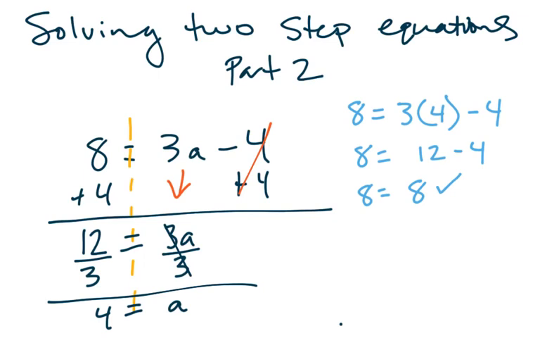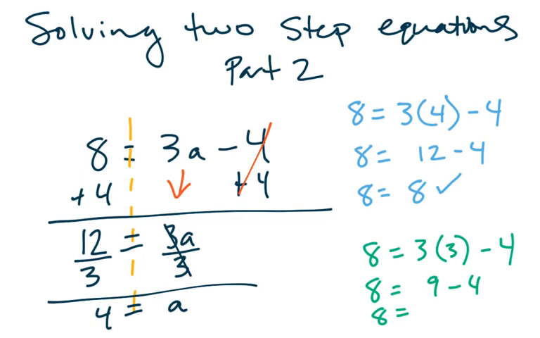I want to remind you what it looks like when a problem doesn't check, because I've only done a couple of those on one of the videos. So let's say I thought that a was 3. So I put 8 equals 3 times 3 minus 4. Bring down the 8 equals first. That's 9 minus 4.